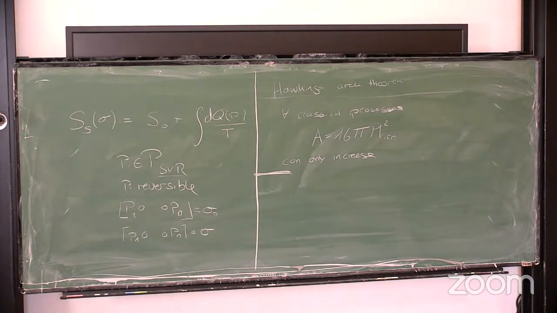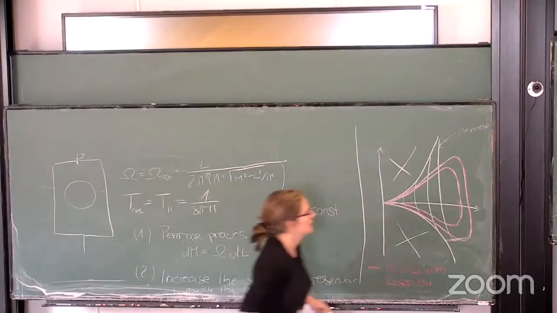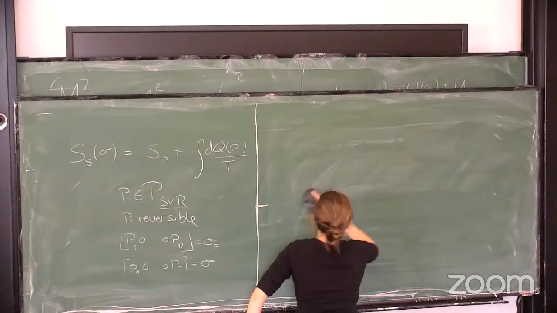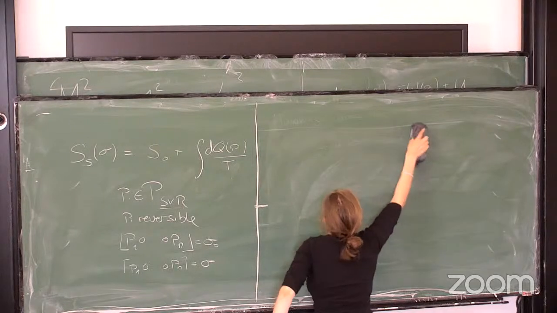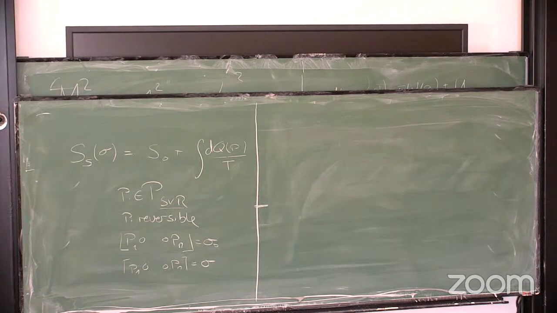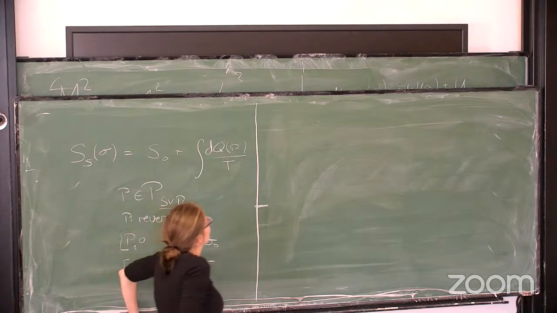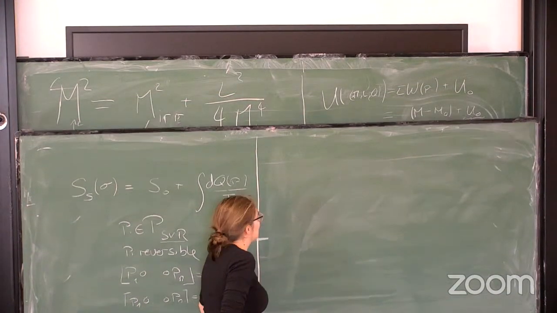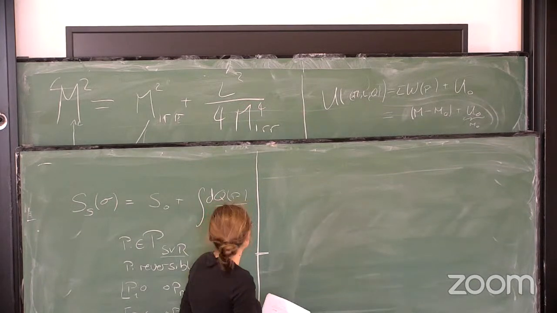Let's now try to calculate this. Maybe leave this side open so we see what we are doing. First, we need to find the integration bounds. And it's easier if we consider one case.